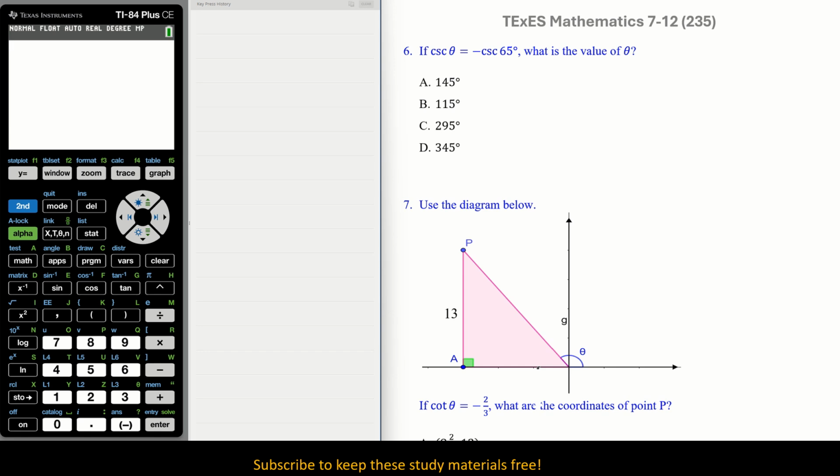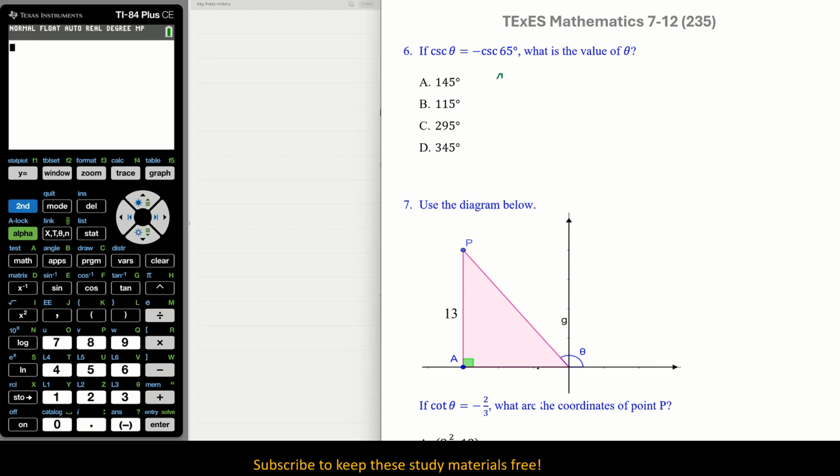If cosecant theta equals negative cosecant 65 degrees, what is the value of theta? Okay. Cosecant is equal to 1 over sine theta. Okay.